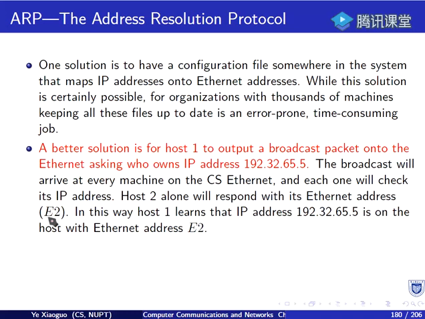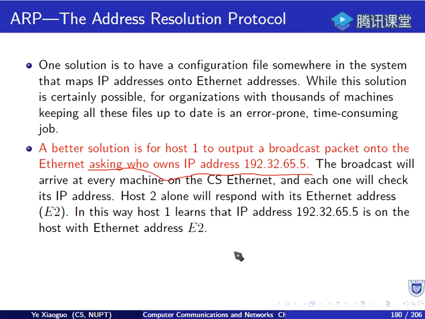A better solution is for host 1 to output a broadcast packet onto the Ethernet, asking who owns the IP address. The broadcast will arrive at every machine on the CS Ethernet, and each one will check its IP address.